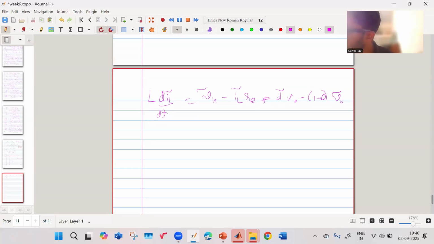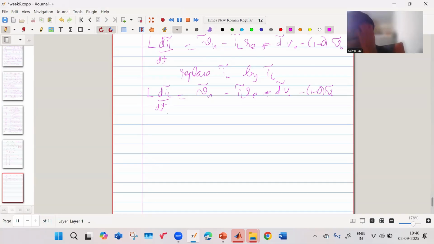What we do is we replace IL perturb by IC perturb. So we get L dIC perturb by dt equals VN perturb minus IL perturb RE plus D perturb V output minus 1 minus D V output perturb.